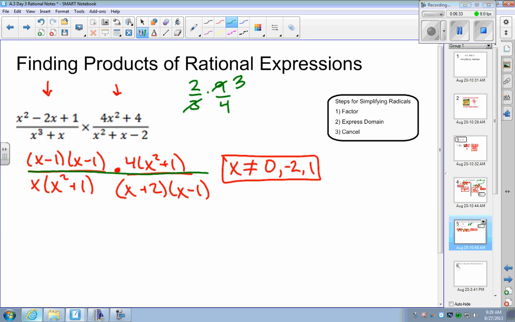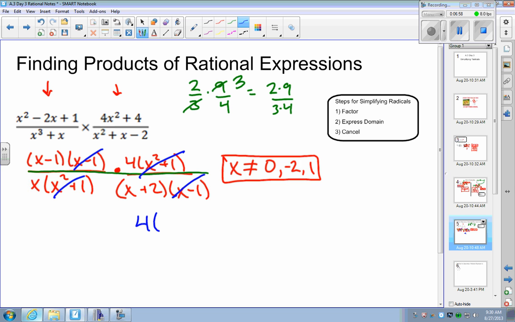You could put the 3 into the 9 because it's really like 2 times 9 all over 3 times 4. It's the same idea. You can't cancel top and top or bottom and bottom, but you can cancel top and bottom. So let's get rid of this. Let's get rid of this. An x minus 1 with an x minus 1 and figure out what we have left.